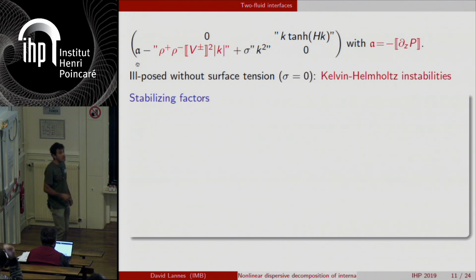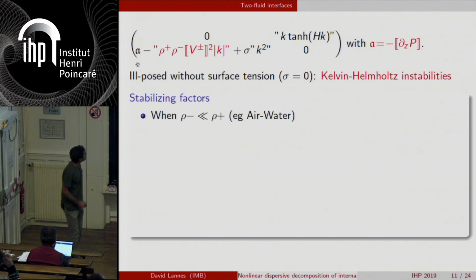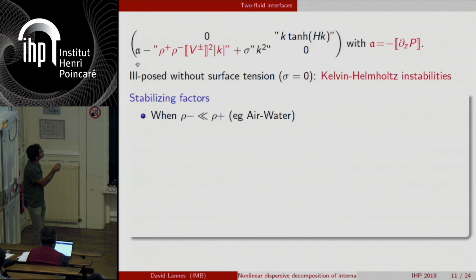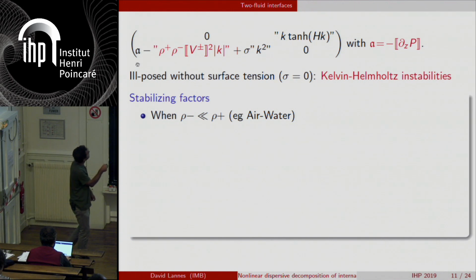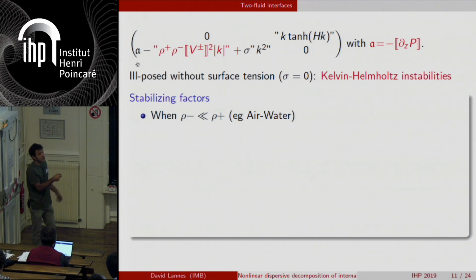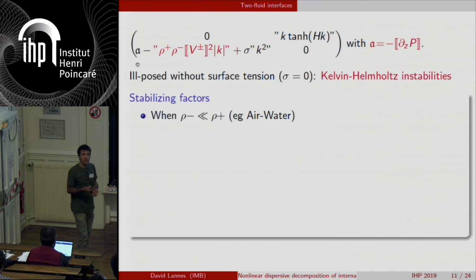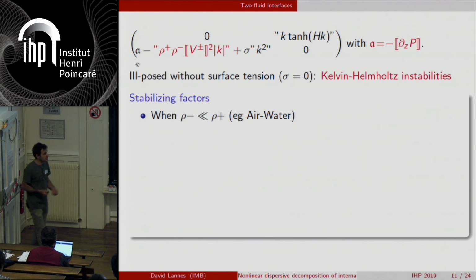So what does it mean? It can be the case in two configurations. The first one is if rho minus is much smaller than rho plus. Actually, these are the relative densities, I'm sorry. So if this is the case, for instance, this is the case for the air-water interface, if you look at surface waves and decide to take into account the density of the air, then the relative density of the air is much smaller.